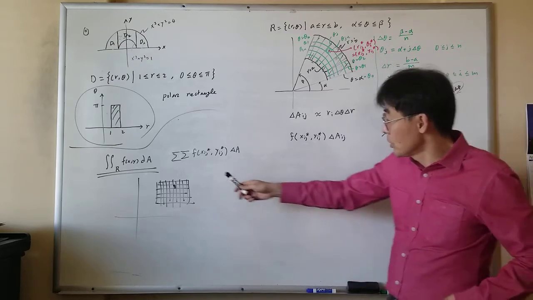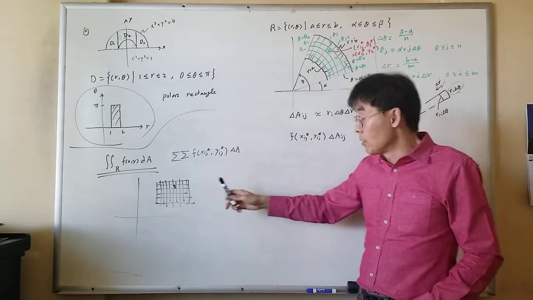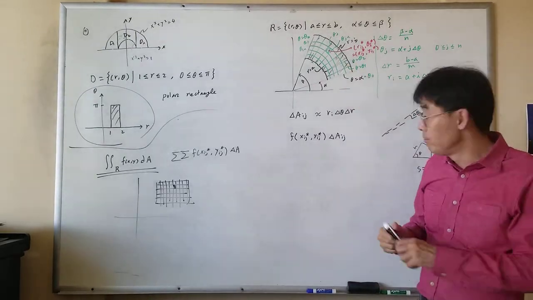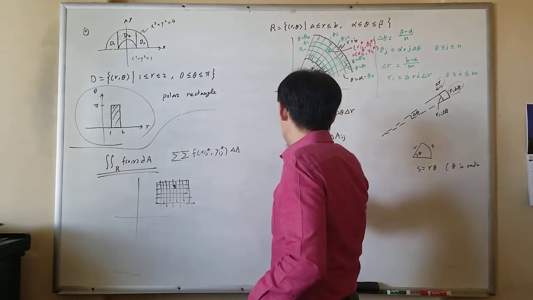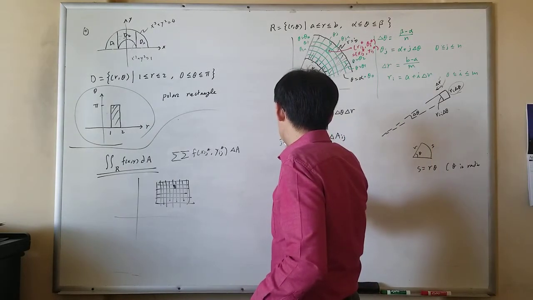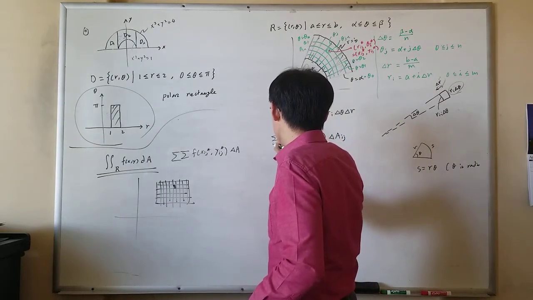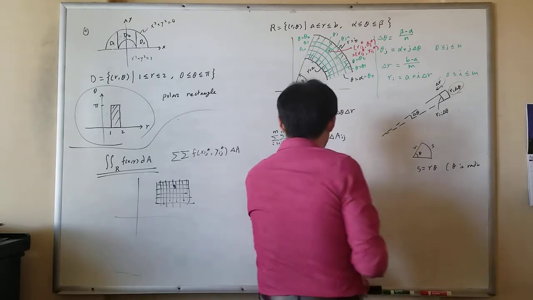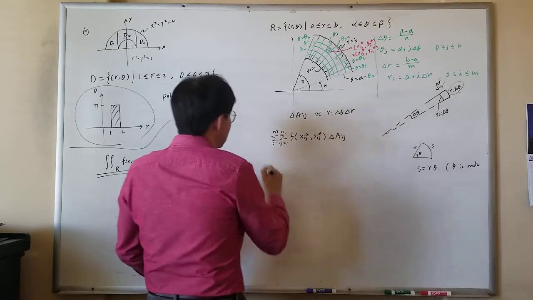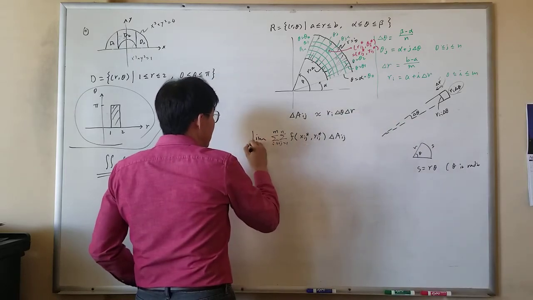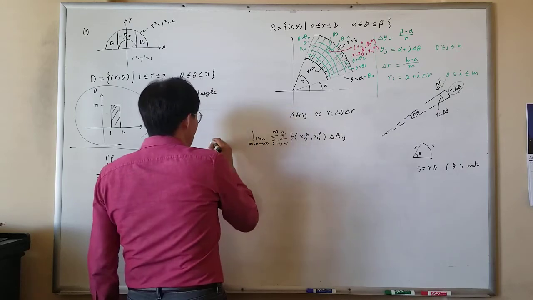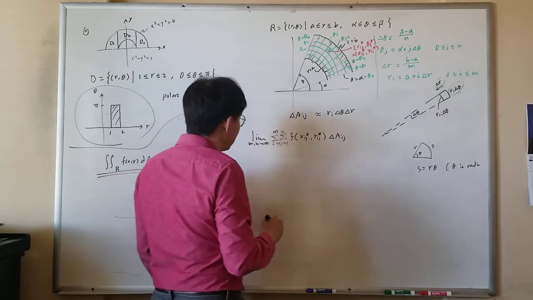So just like the original double integral, it is the function value times the area of that subregion. You have to add them up, i and j from 1 through m and n, and you take the limit as m and n both go to infinity. This is what we call the double integral, right?